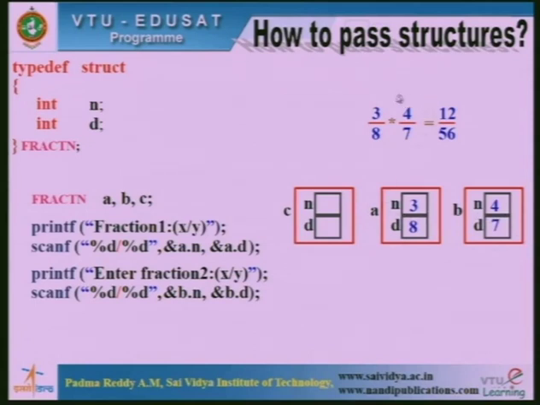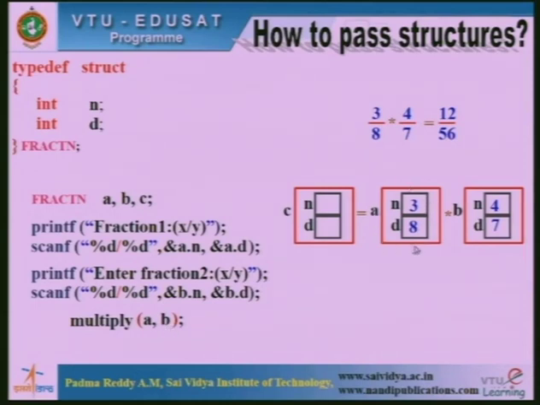Next, what we have to do? We have to multiply these two fractions, and the result has to be stored in the variable c. For that what do I do? Here let us multiply a and b. I use the multiplication operator here. The result of a into b must be copied into c. Now we have to multiply these two fractions, so for that I use one function by name multiply, and for that multiply, how many arguments are we passing? 2 arguments, a and b.